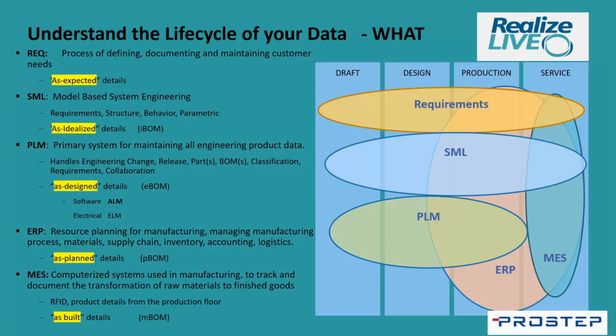This is really the start of your model-based systems engineering, because in the I-BOM is where you start talking about what are my requirements and how does that impact the structure of what I'm going to build? What are the behaviors that I'm expecting out of what I'm building? And what is all the parametric data related to that?